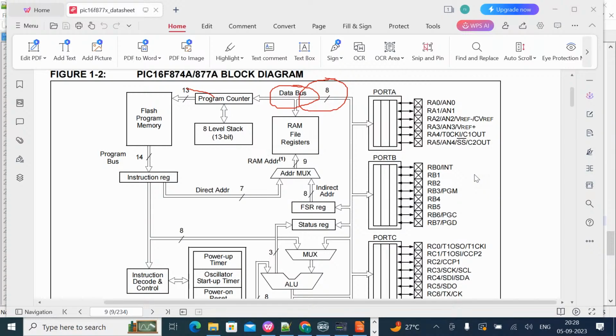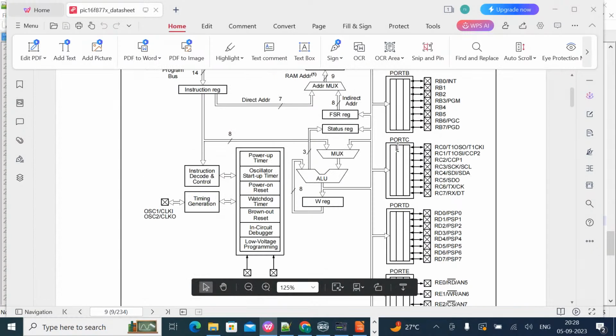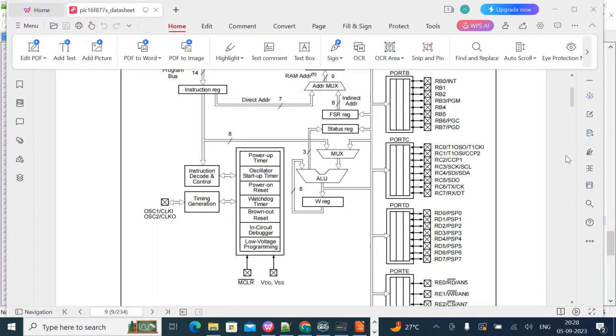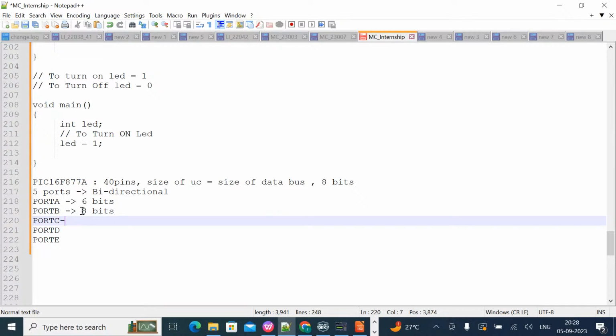Fine. Now let me come back to the ports again. What is the size of port A? 6 bits, right? What about port B, port C and port D? How much is the size of these ports? 8 bits, right? The size of port B is 8 bits. Size of port C is 8 bits.